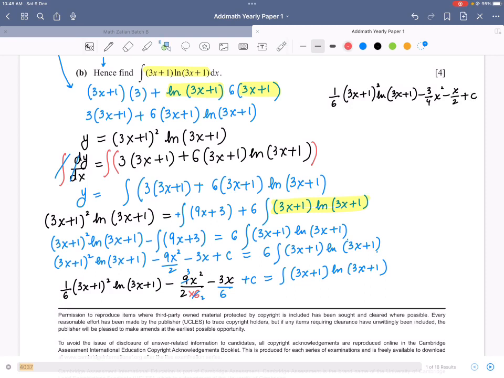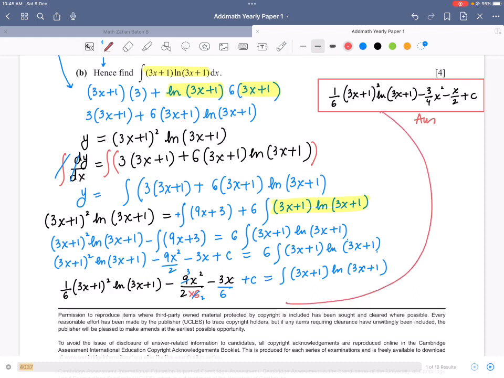That is your final answer of this part. That is the final answer of your integration, and I'm just marking the steps. So this is your answer.